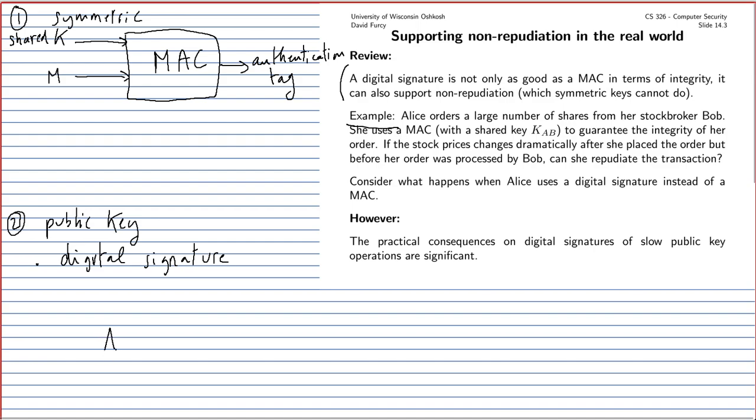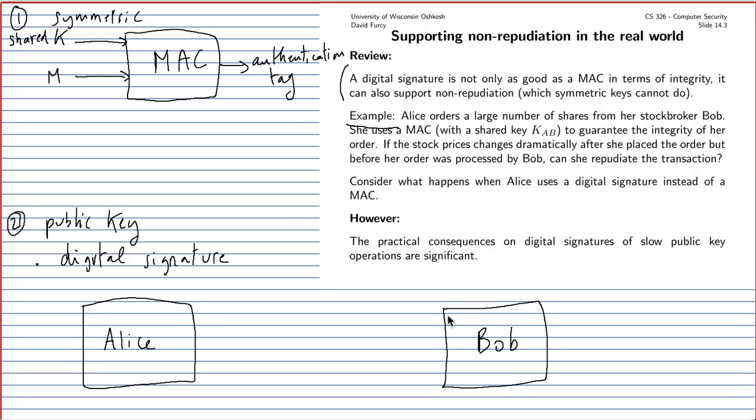Let's say Alice is a client of Bob's, who's a stockbroker, and Alice wants to place an order for Bob to buy a large number of shares for her. She's going to send a message M, which is a shares order, to Bob, and of course, she wants to authenticate herself to Bob.